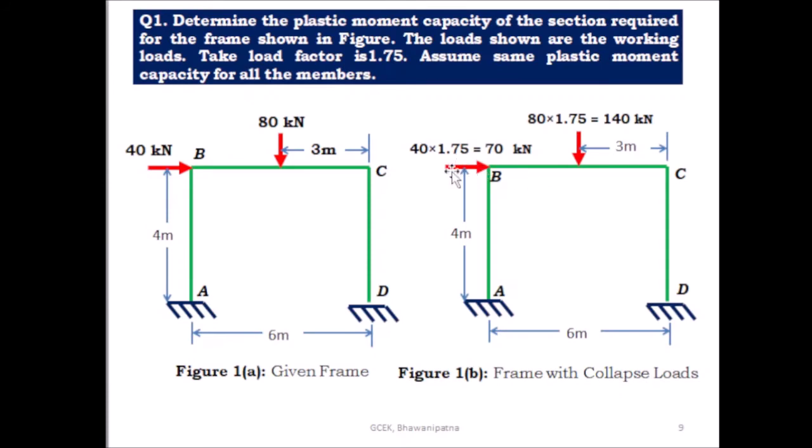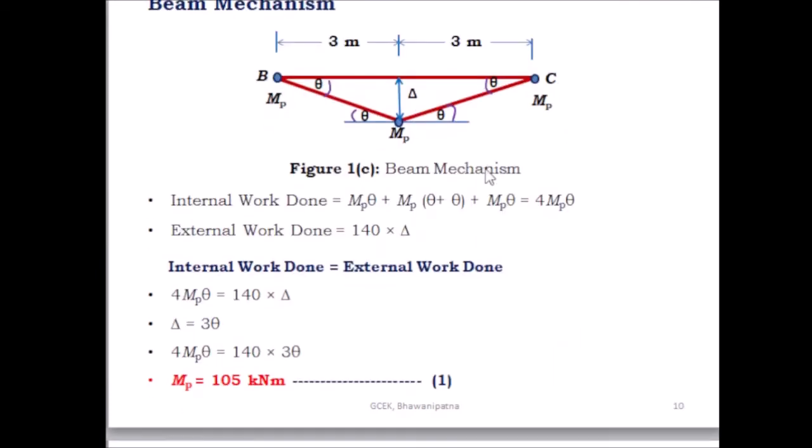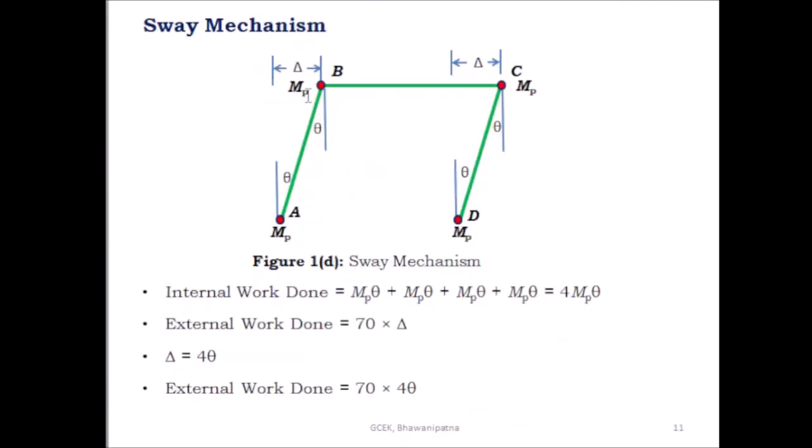Here this is the lateral load present at B. So due to this load, find out what is the external work done. 70 into delta. This is the virtual displacement, and the lateral load present at B is equal to 70 kilonewton.